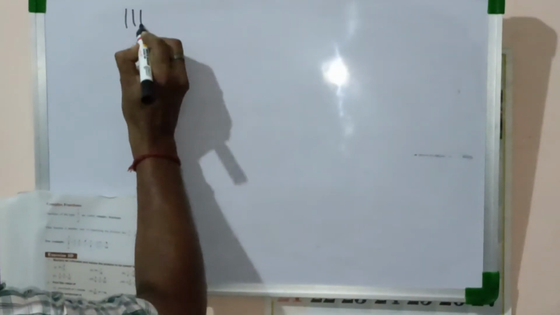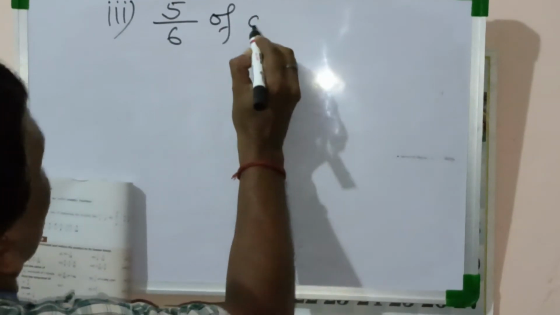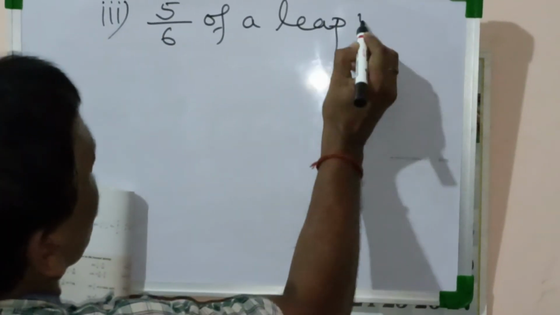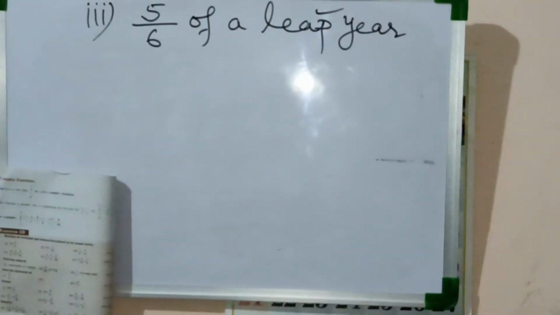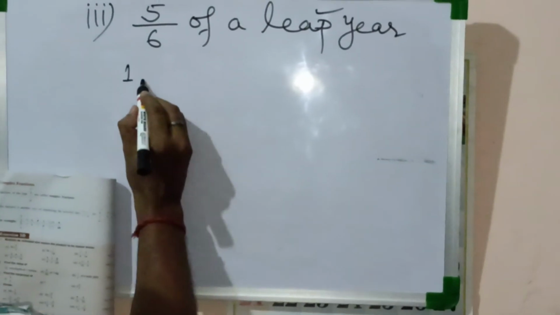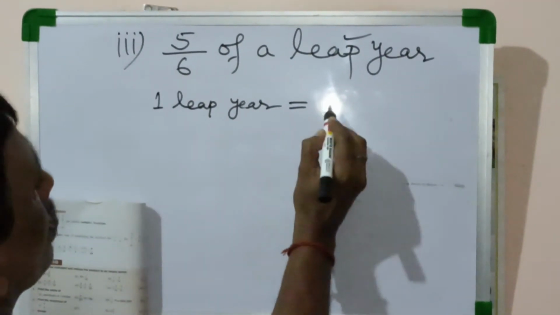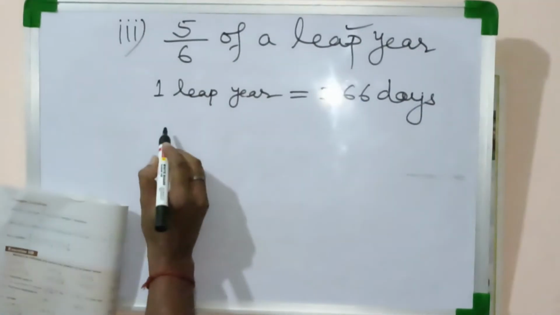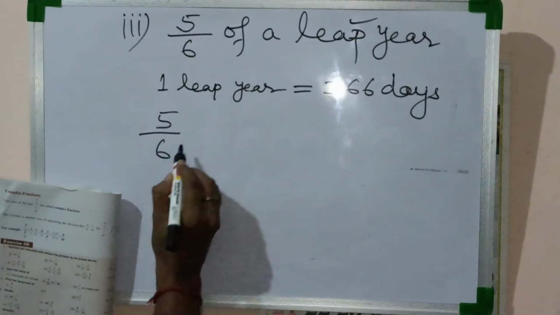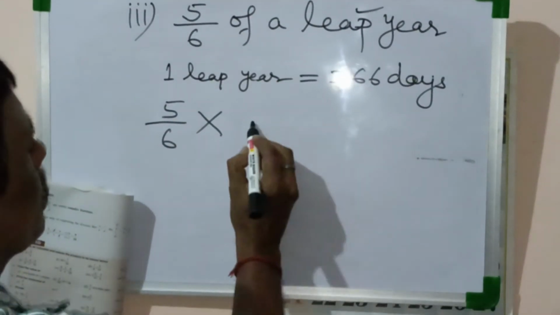Now the third part. Third part is 5 by 6 of a leap year. You know, one leap year is equal to 366 days. So 5 by 6 of, of means multiplied, by year means 366.